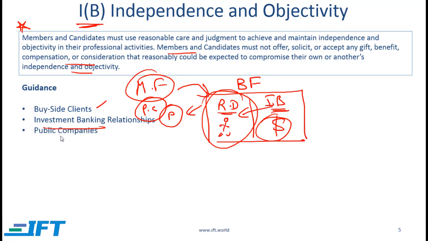Another influence might come directly from the public companies. So Pfizer, for example, might directly try to influence you through gifts or through other potential benefits and encourage you to write favorable reports. Next, we come to issuer paid research. Let's say there is a company that is not widely followed, and this company approaches you to write a research report, and you are being paid to write this particular research report.